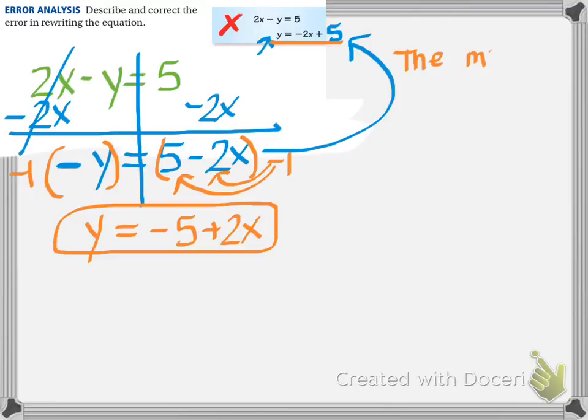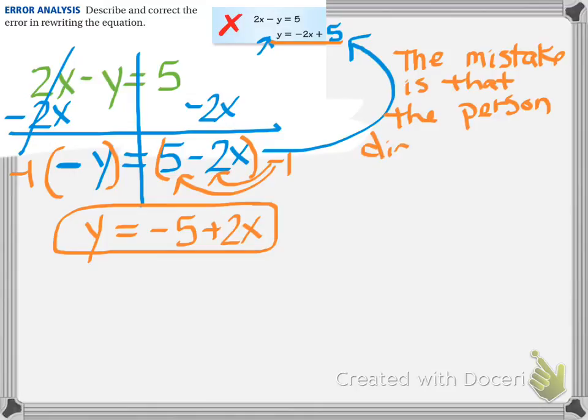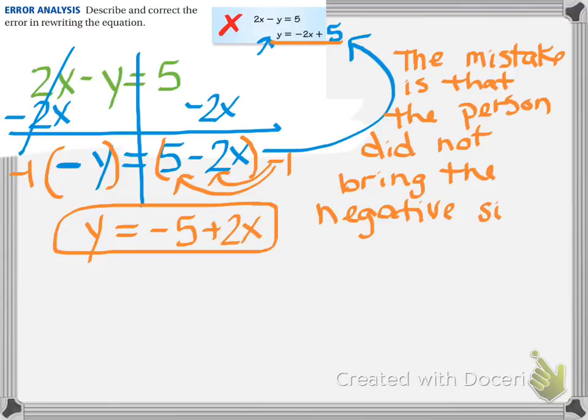So the mistake is that the person did not bring the negative sign down with the y. Okay, nice job.